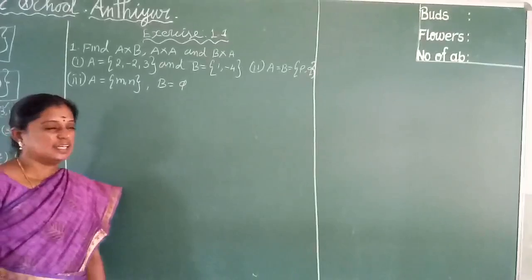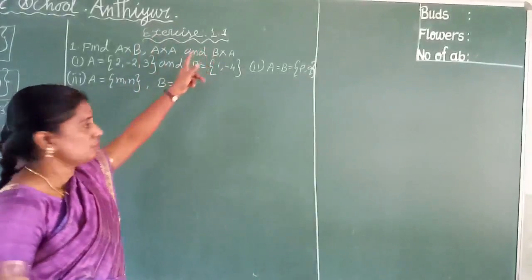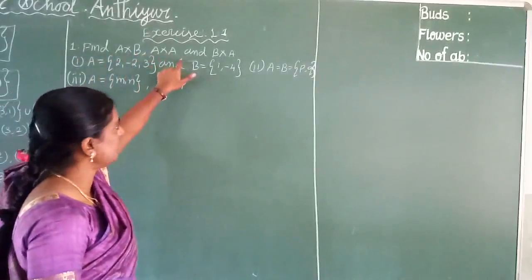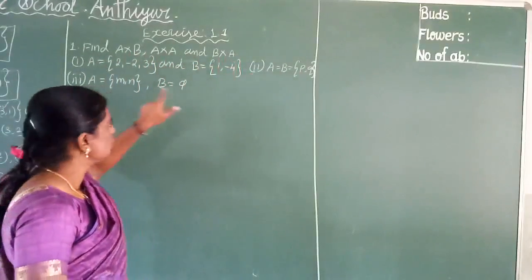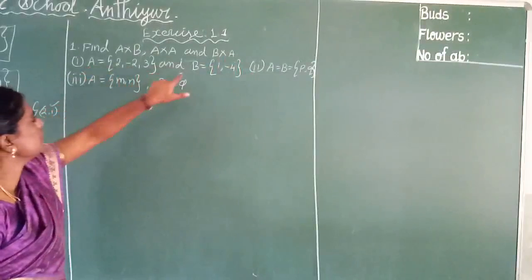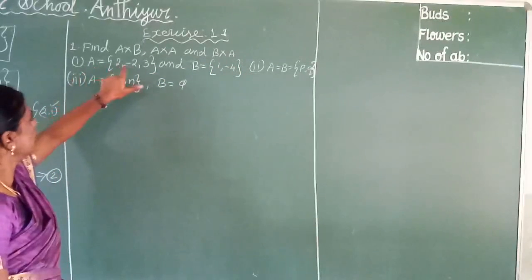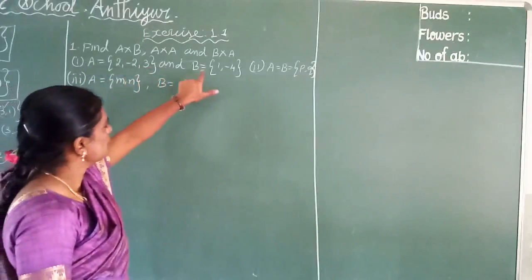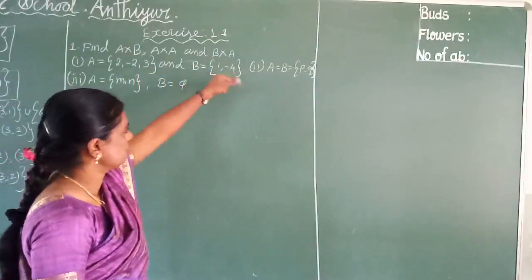Now we discuss exercise 1.1. First one, find A cross B, A cross A and B cross A. Two sets given, A and B. A is 2, minus 2, 3 and B is 1, minus 4.